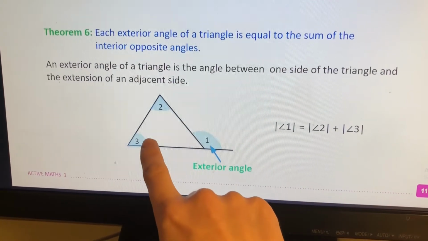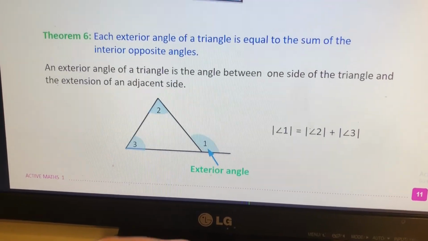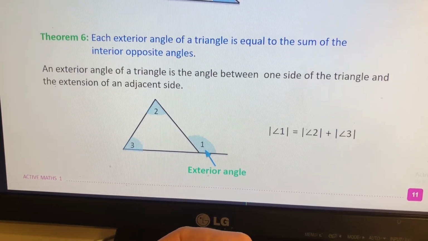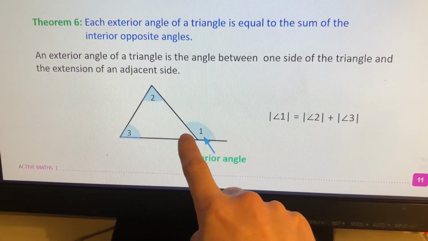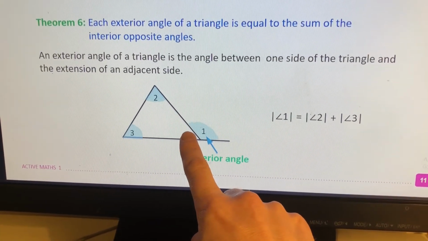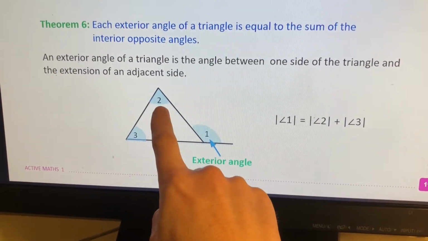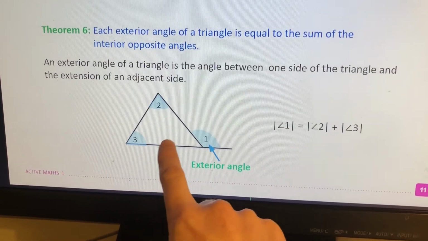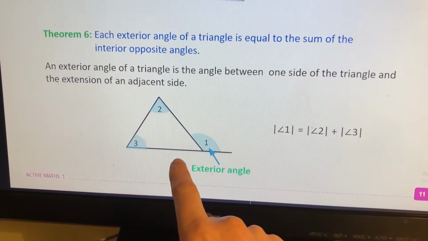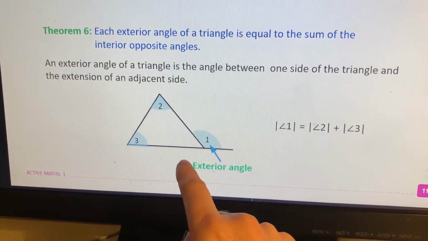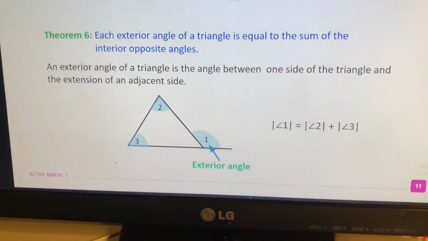The same way that all three of these angles inside the triangle make 180 degrees. So they have something in common. This plus this, our interior angle, makes 180, and so does 2 and 3 plus our interior angle makes 180. So therefore it helps us understand that, well, together they must measure the same amount of degrees.